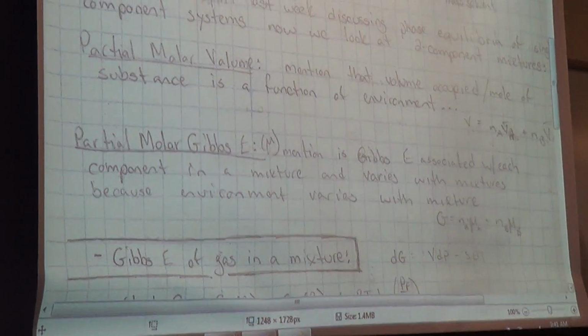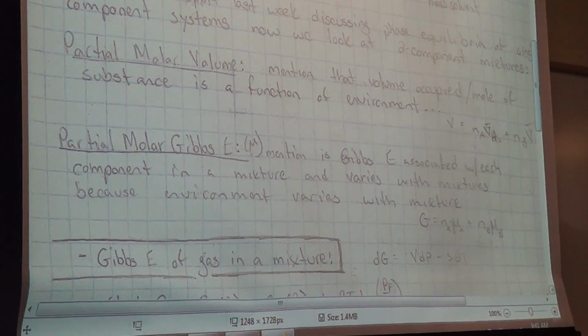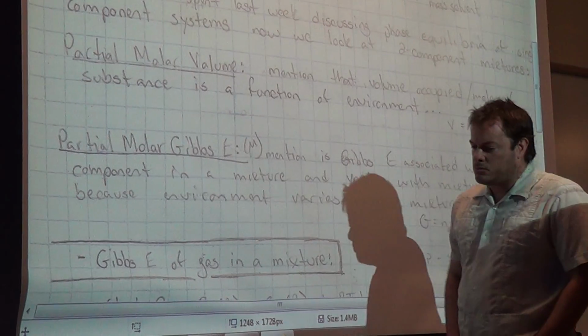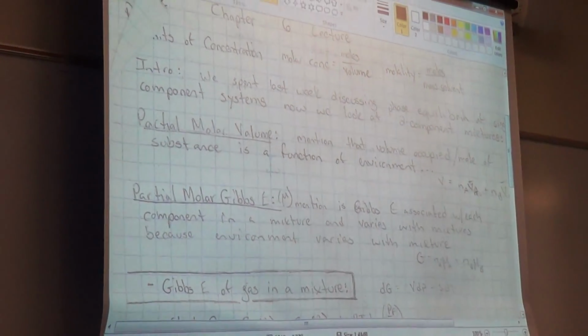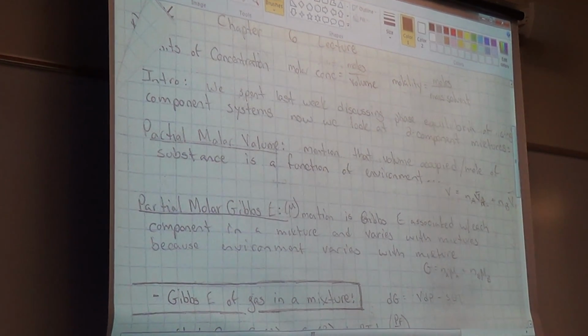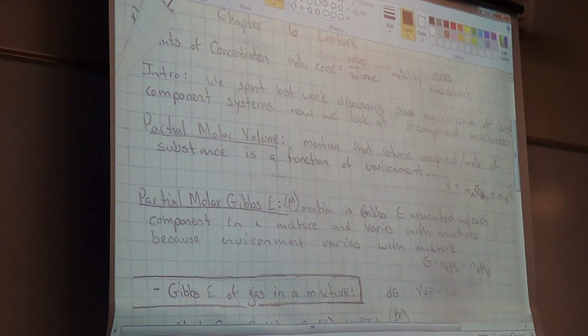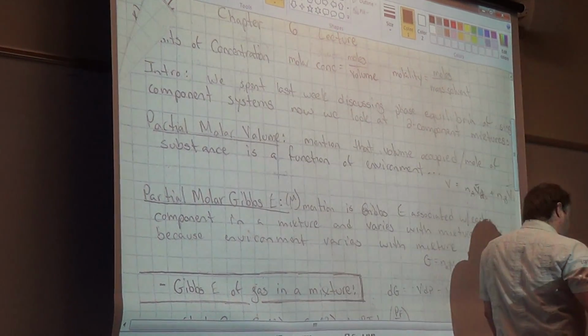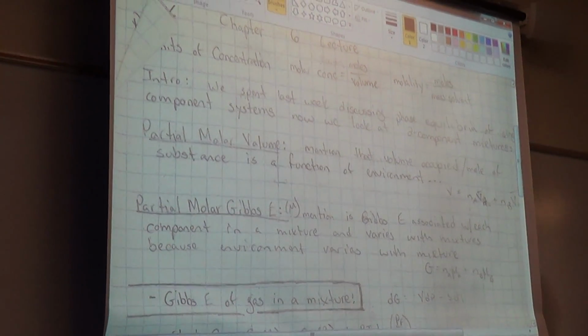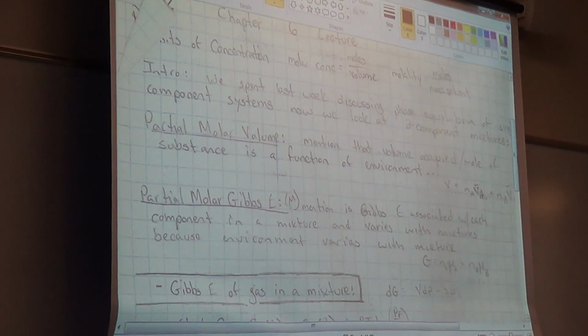Okay, so I spent last week talking about the equilibria of a one-component system, and we saw that one component would be in three phases: the solid, the liquid, and the gas.